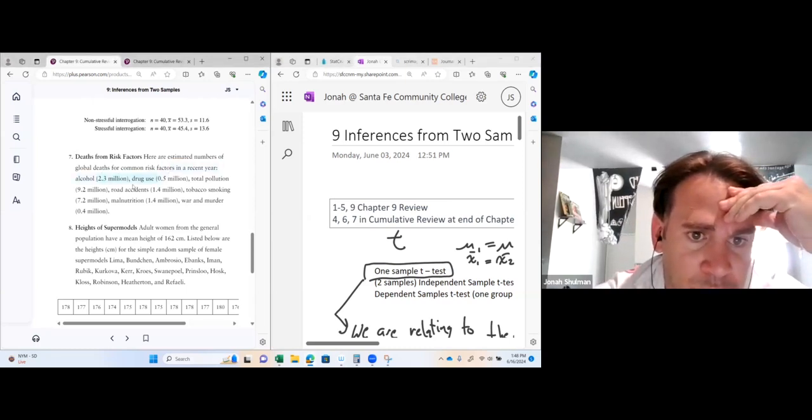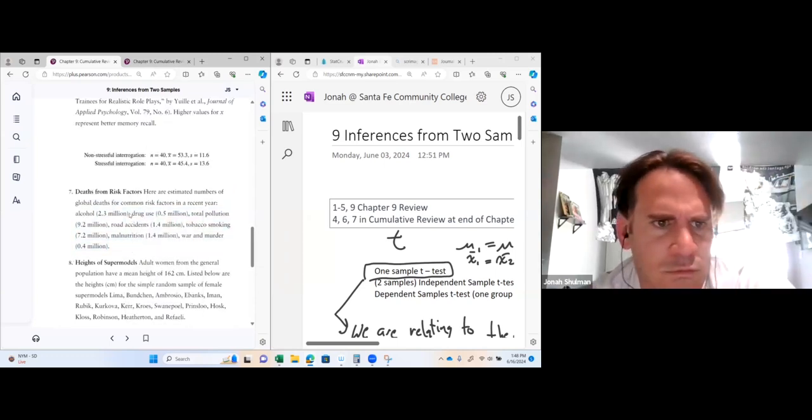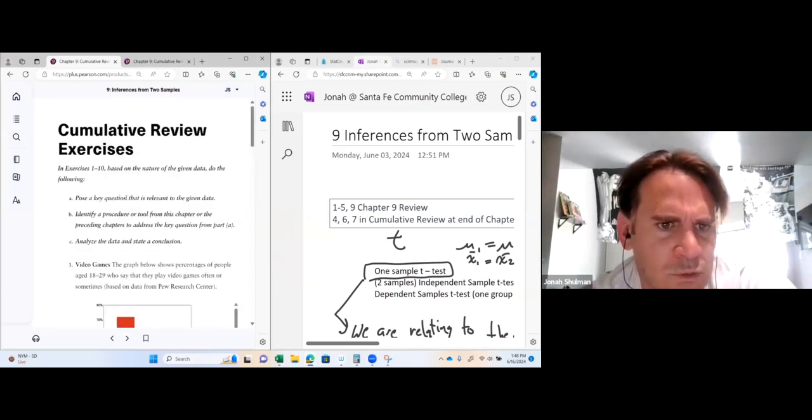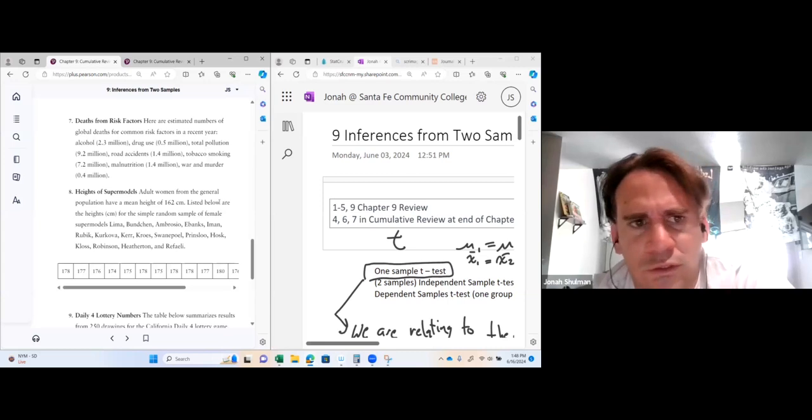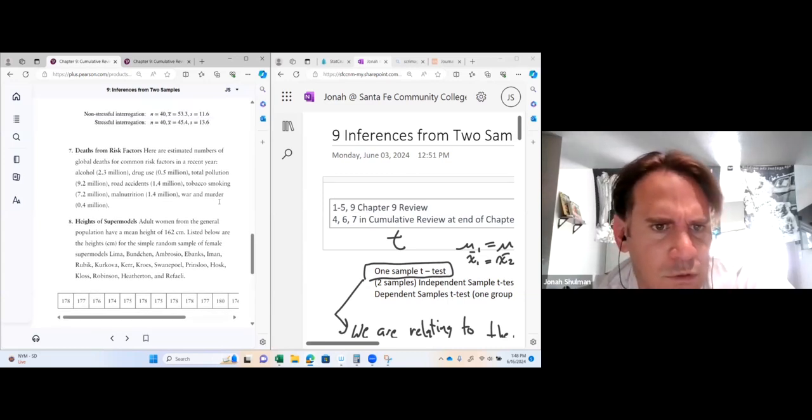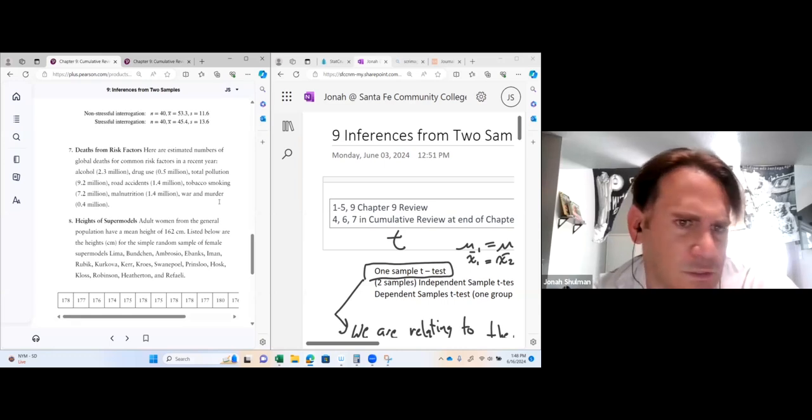Alcohol, drug use, total population, road accidents, tobacco, war, murder. Pose a question, use data. Okay, so this is the probability one. We have to see if there's a difference between the two. I'll let you try seven yourself.